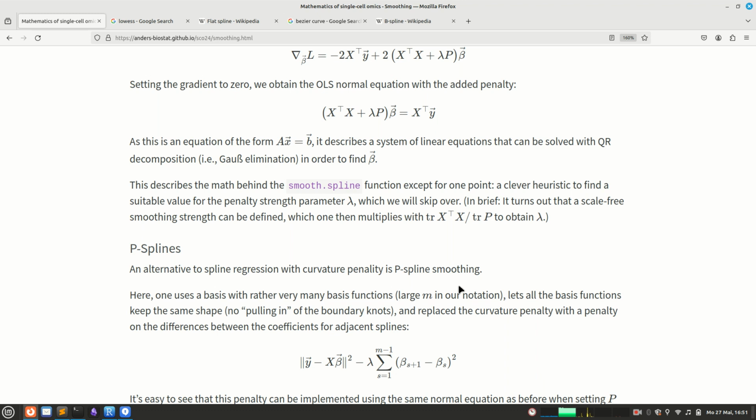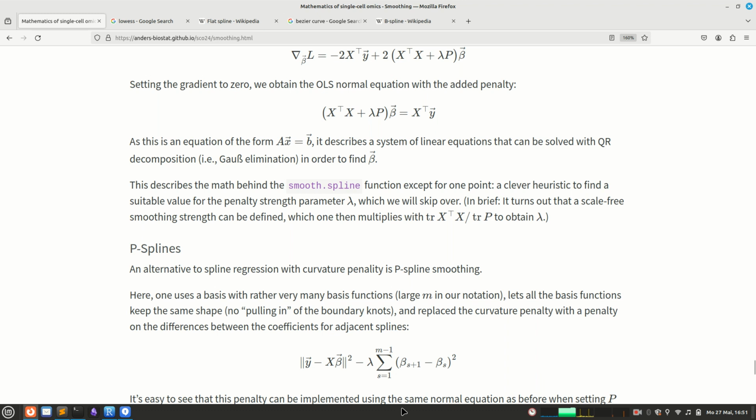And nevertheless, sometimes you don't quite know how big a spline basis you want to make, because if you make too big a basis with too many basis functions, then it still tends to be a bit wiggly. And so people have suggested an alternative way, and there seems to be a bit of debate among practitioners in the literature about which of the two ways is better, so I show them both.